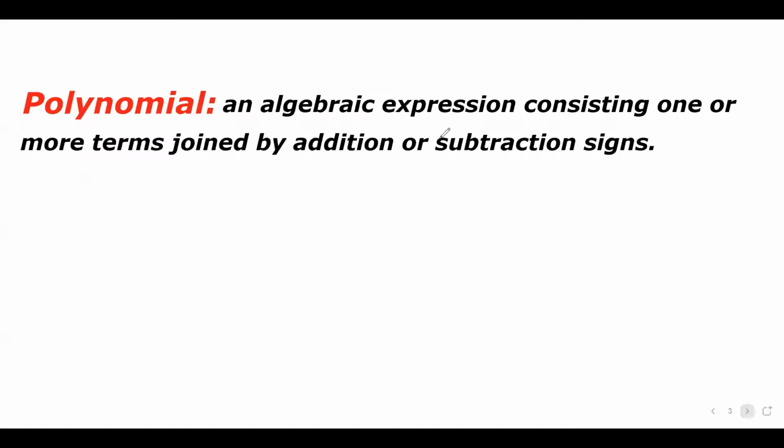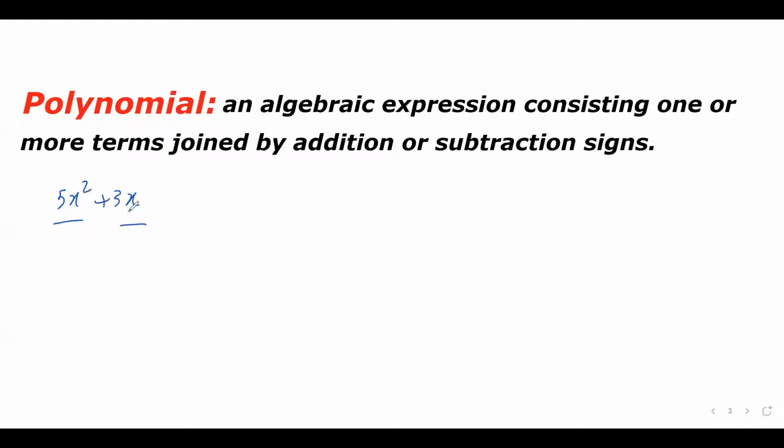What is a polynomial? A polynomial is an algebraic expression consisting of one or more terms joined by addition or subtraction signs. So basically, it can be one term or more. So let's say I have 5x squared plus 3x. This is a polynomial. I have two terms joined by an addition sign.